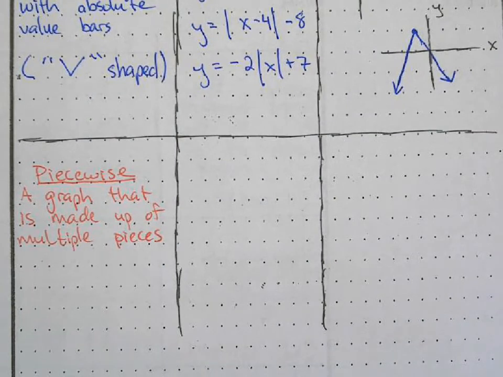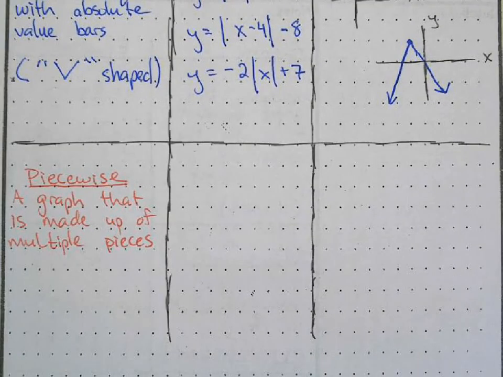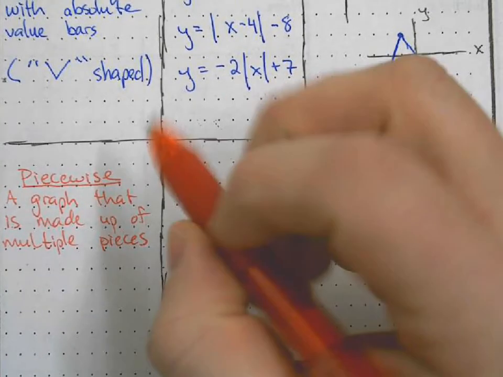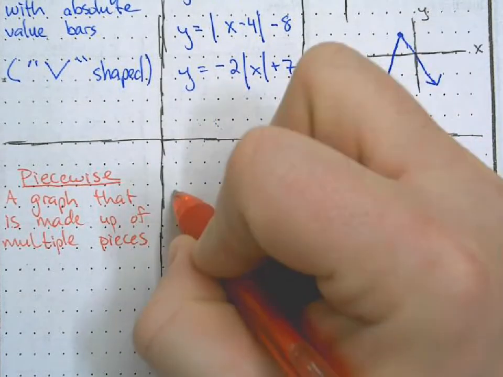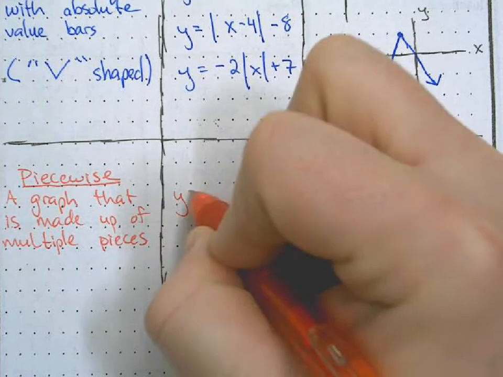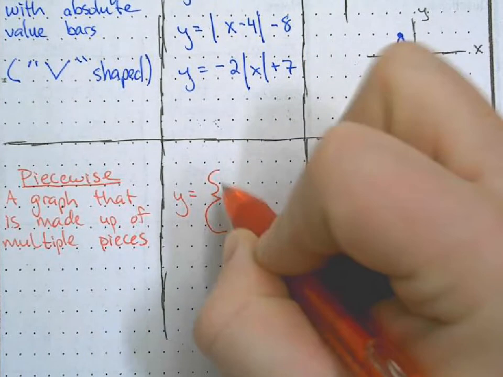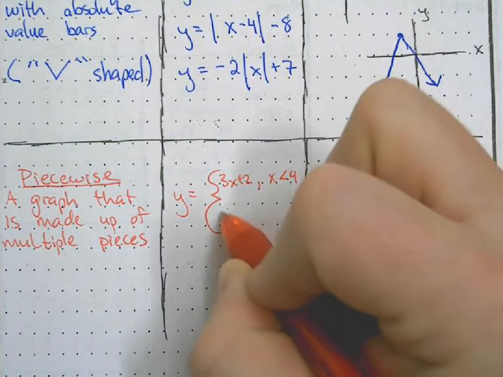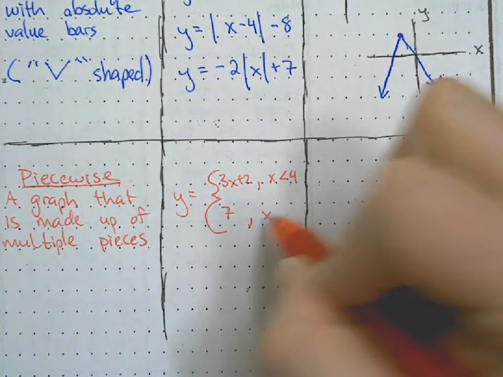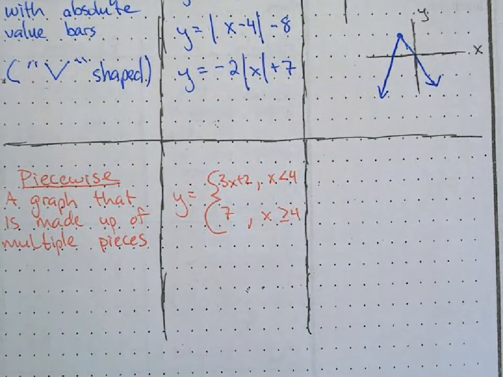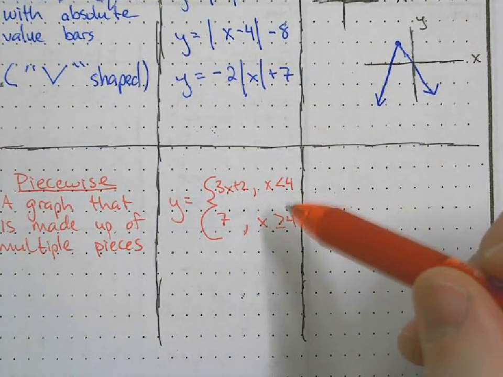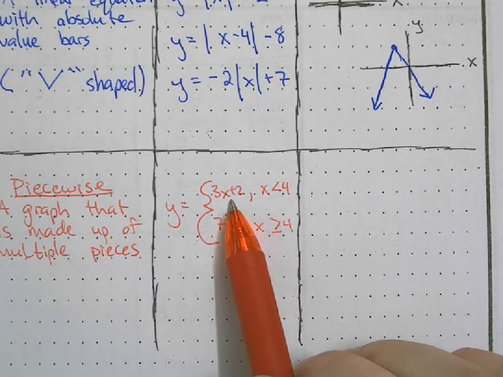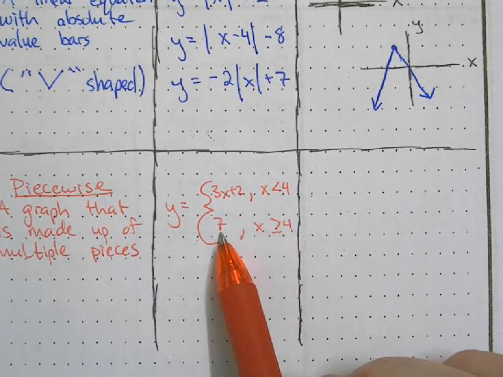So a piecewise graph is a graph that is made of multiple pieces. Therefore, an equation has to be made of multiple pieces. And these equations will look something like this. What this is saying is that when x is less than 4, I graph this line, and when x is greater than 4, I graph this line.